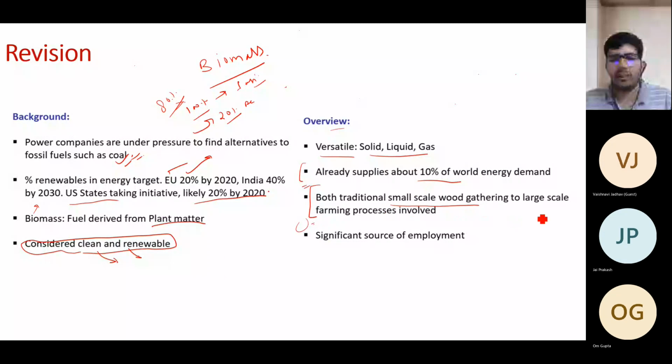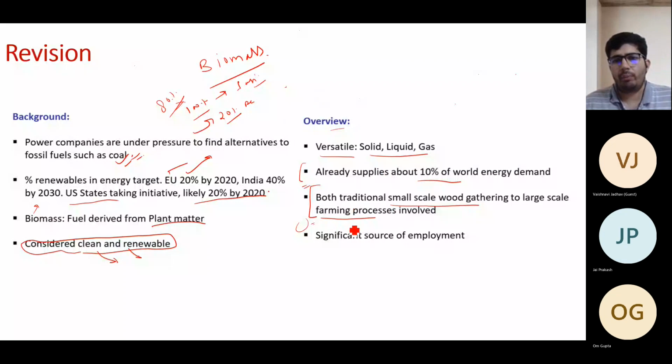And from large scale farming processes, from agri residue we can generate biogas and ethanol, and we can blend those into fuels. We can generate biofuels also, and add those fuels in our energy mix.